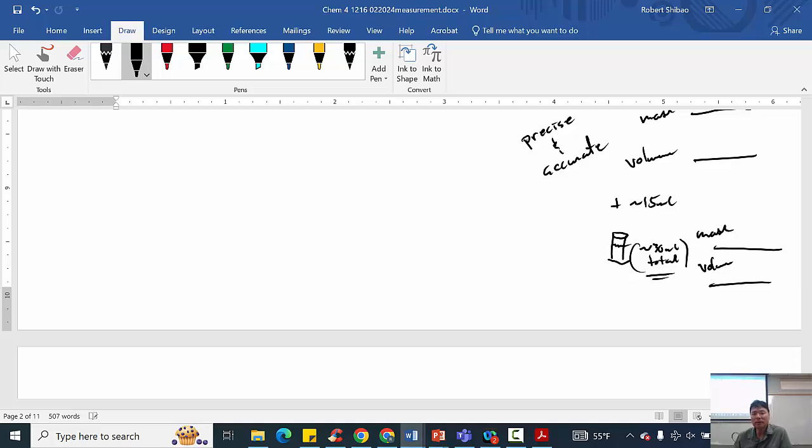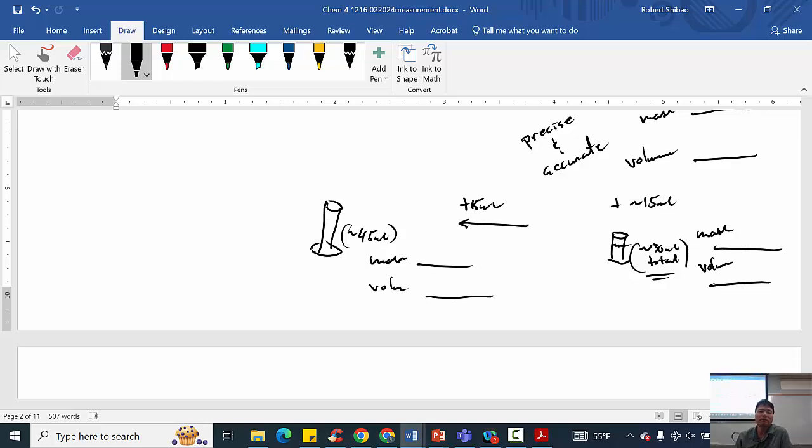So this is the 30 milliliter. And then we're going to do another plus 15 milliliters. So now the total volume is going to be about 45 milliliters. Not exactly, but approximately 45 milliliters. And then we're going to measure the mass and the volume as precisely as possible.